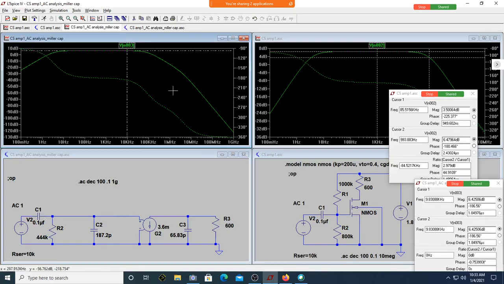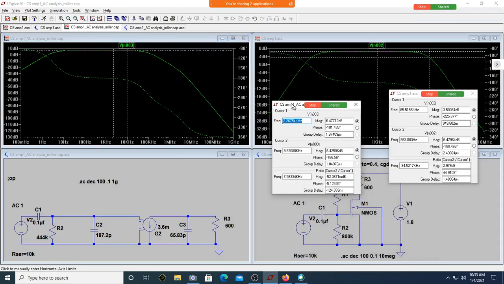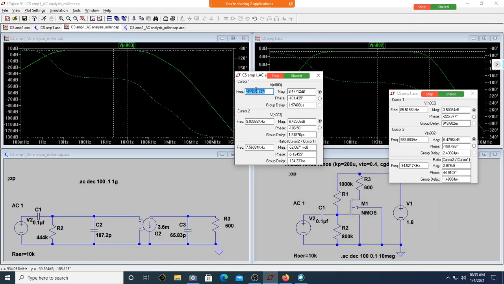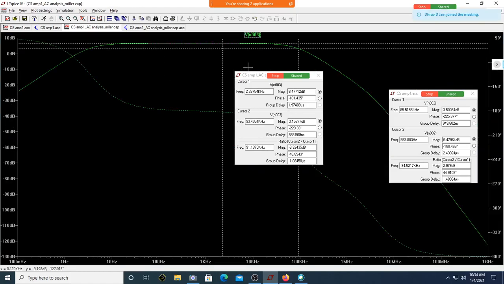Is the DC gain there? Sorry, not the DC gain, the midband gain. Can you see it is 6.47? The gain is 6.47. Let us verify the bandwidth. Bandwidth would be how much? 85 kilohertz. So I think we are almost there.